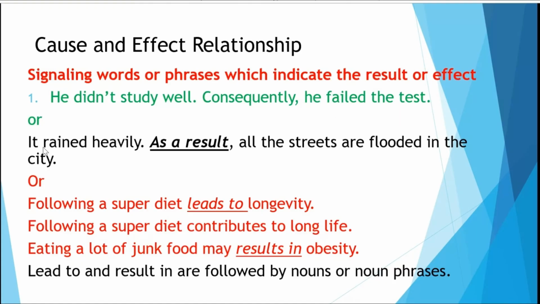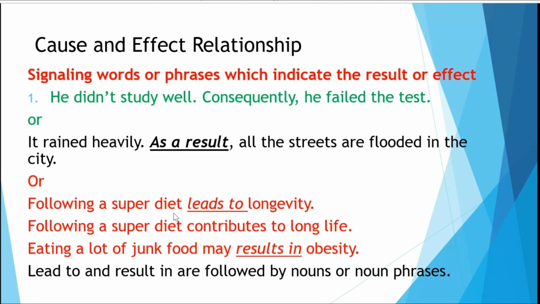Or you can express the same idea by using the phrase as a result. It rained heavily. As a result, all the streets are flooded in the city. So this is the result shown by the phrase as a result.